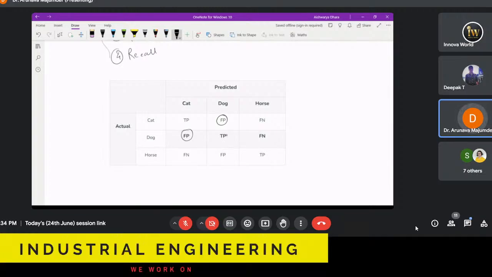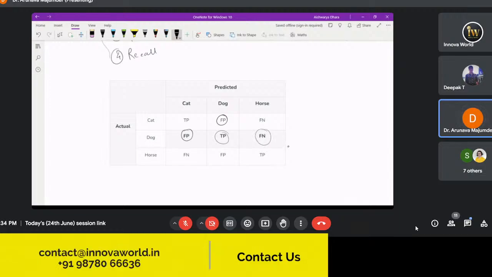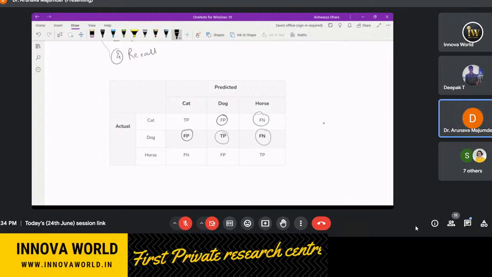Dog, dog is true positive; dog, horse is false negative; cat, horse is false negative. So in case of horse, you can use false negative for both cases.